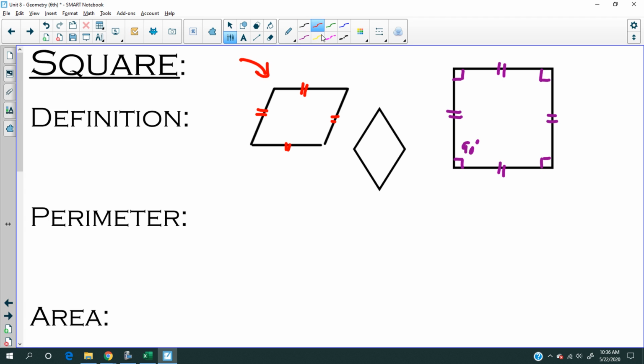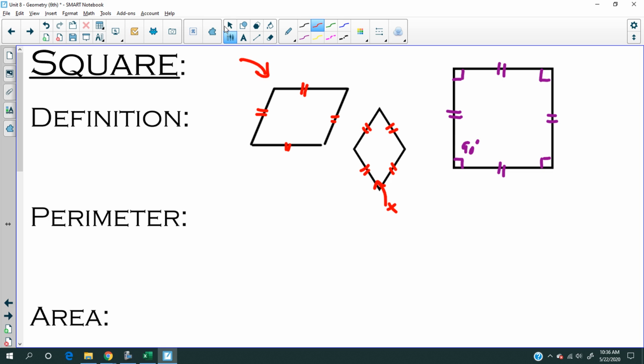However, these aren't right angles. That's the difference. Imagine if you take a square and you squeeze the square into this shape. That's a rhombus.